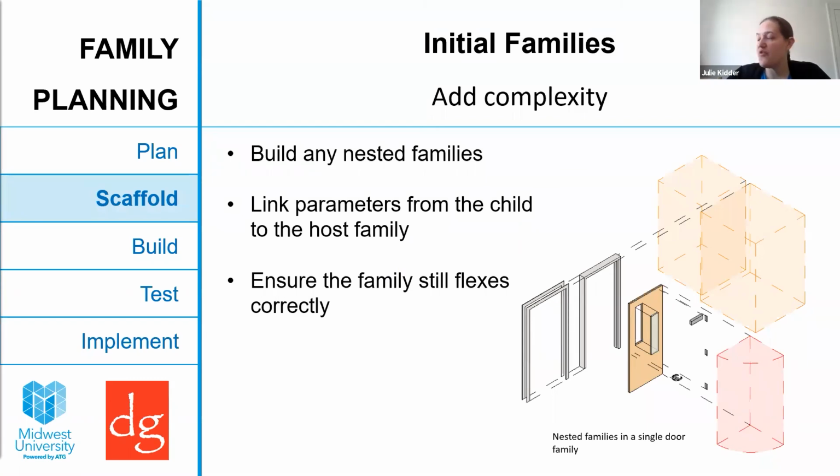So each of those families was nested. And that's partly because these doors were so complex. But even in any family where I'm going to switch out components, those are going to be nested in. Any family where I'm going to array components, those array items are nested in.